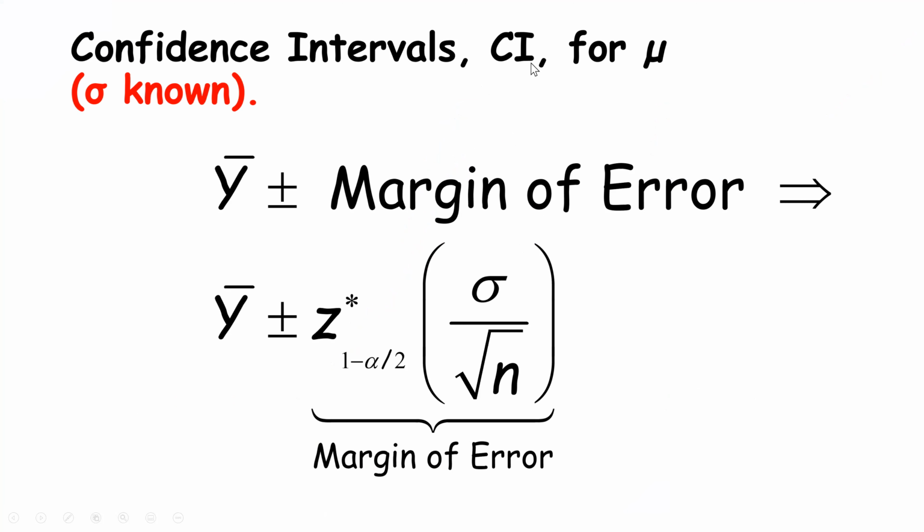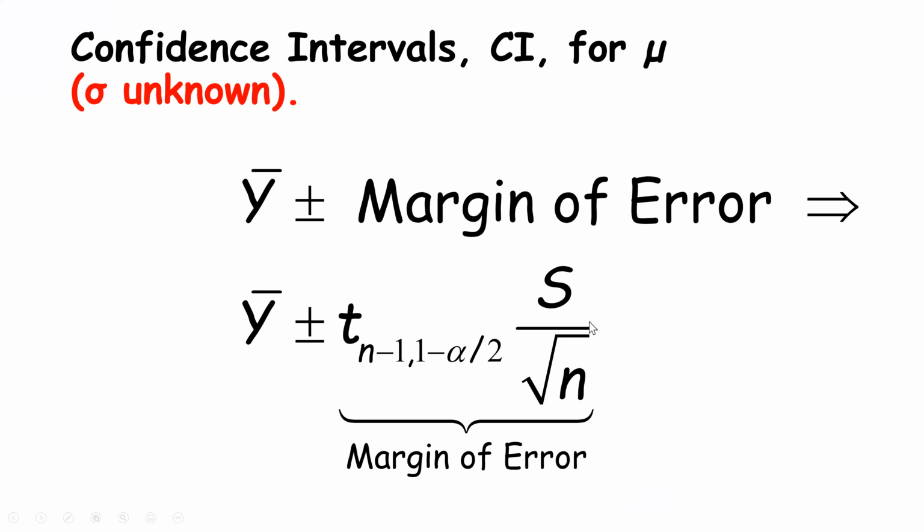We use this in the confidence interval estimate. When sigma is known, this is my confidence interval. Remember this portion here, the margin of error, which is calculated when we know sigma, with the Z star coming from the normal 0, 1 times the standard deviation of the sampling distribution, which is that.